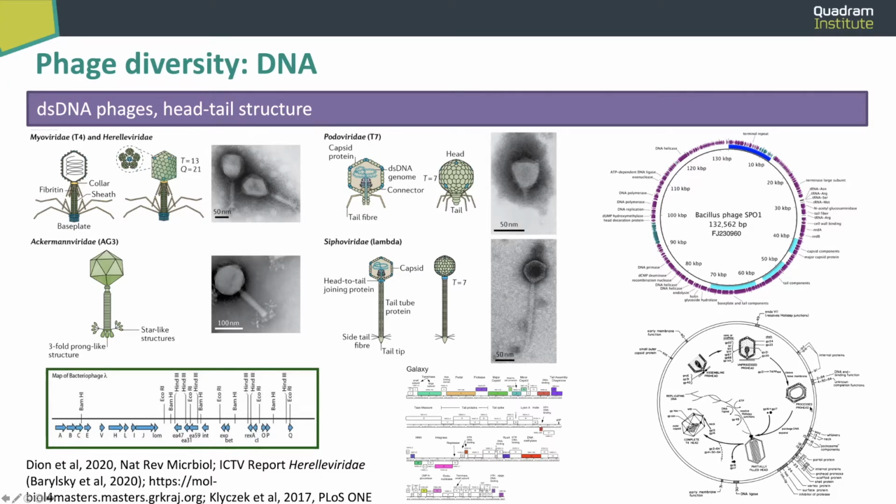These are not actually circular. In the phage particle, in the capsid, these are linear molecules. And I will keep repeating this because the biology is important for me, not just the genomics.